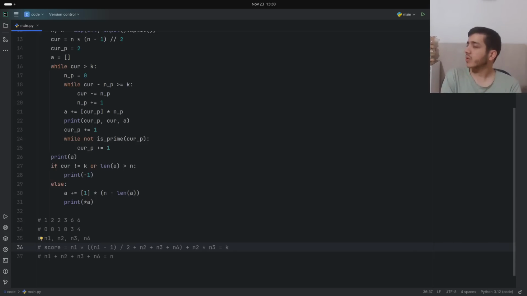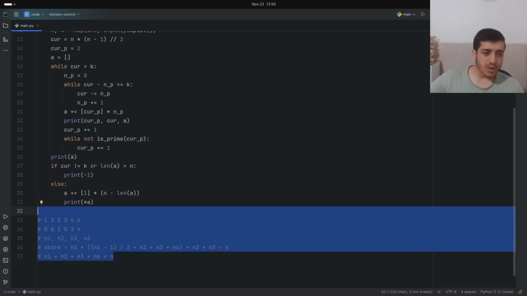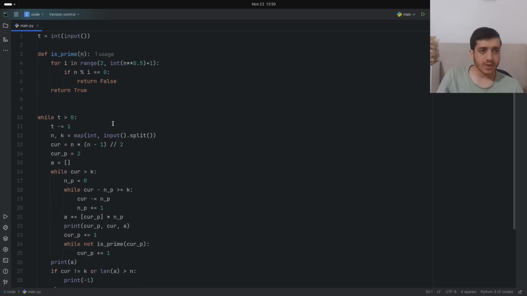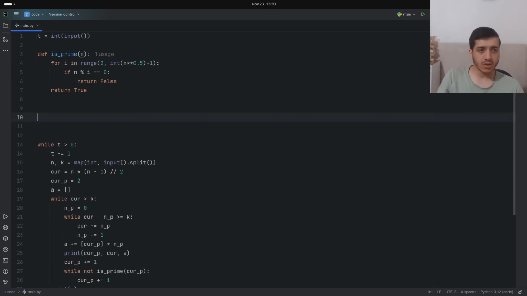Otherwise, I have some gibberish idea. I say that if k is at least n, so let me implement the function. No, it shouldn't be correct. Let me think more.